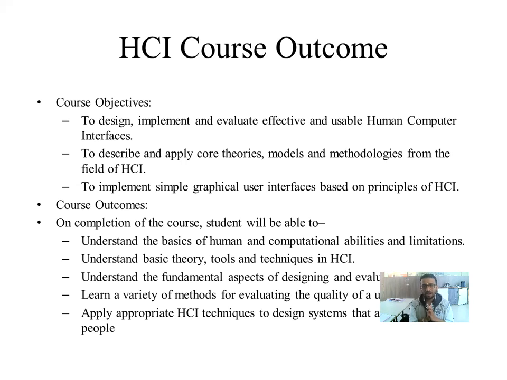That means after studying this subject, you will be able to identify and understand the human's and the computer's abilities as well as the limitations: what kind of things can be implemented by a human, what are the limitations for me to implement such things, what can be implemented by a computer system, and what are the limitations for that computer.